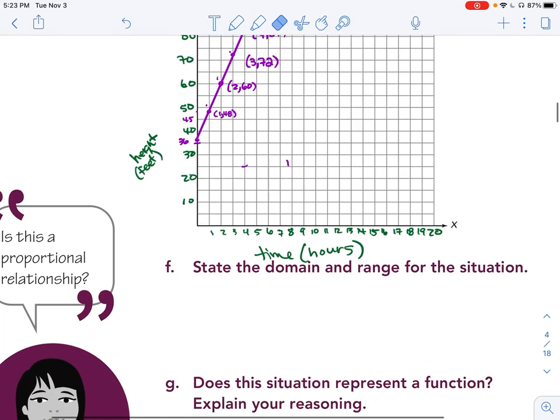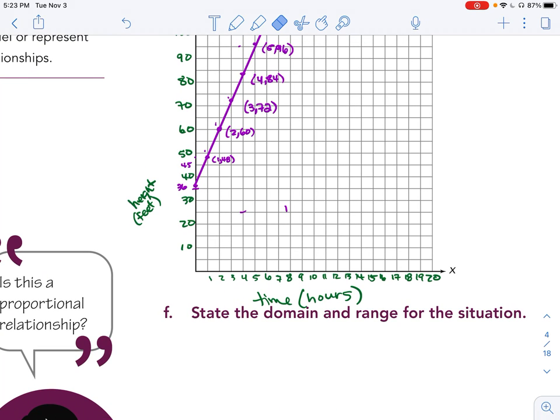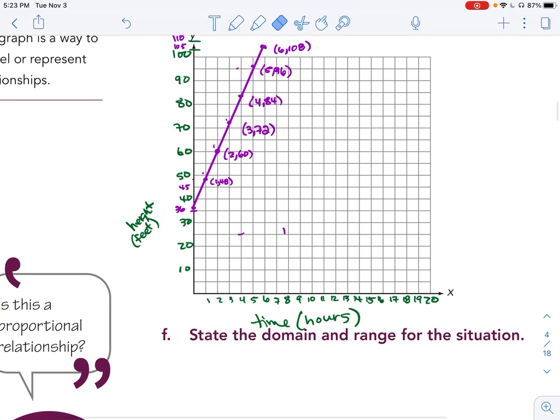But there you go. So we're going to state the domain and range. Now, the domain. For the domain, we started at 0 time. We ended at 6.